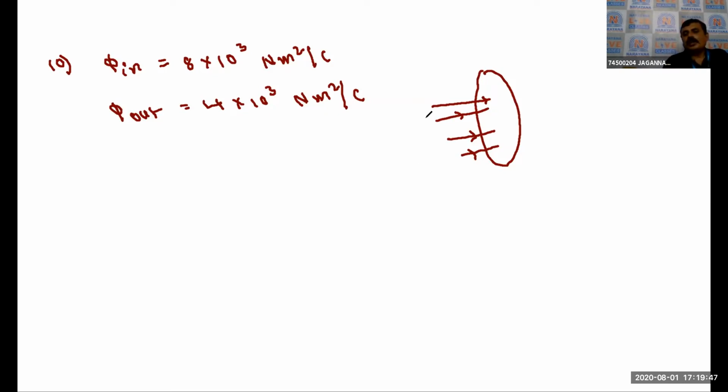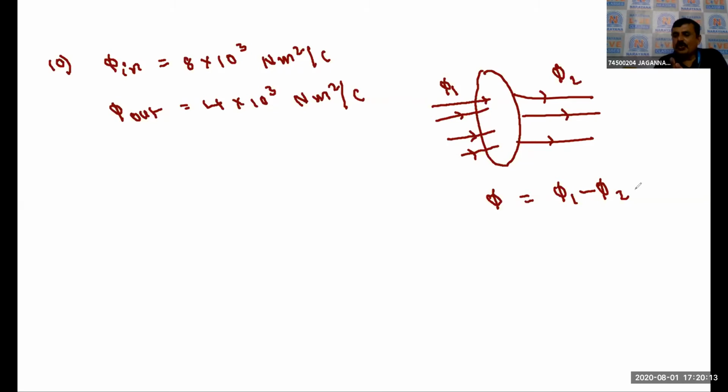So let the entering electric flux be phi 1. And leaving electric flux, how many electric field lines are leaving? Let the leaving electric flux be phi 2. So net electric flux, how much do you get? Net electric flux equal to phi 1 minus phi 2.